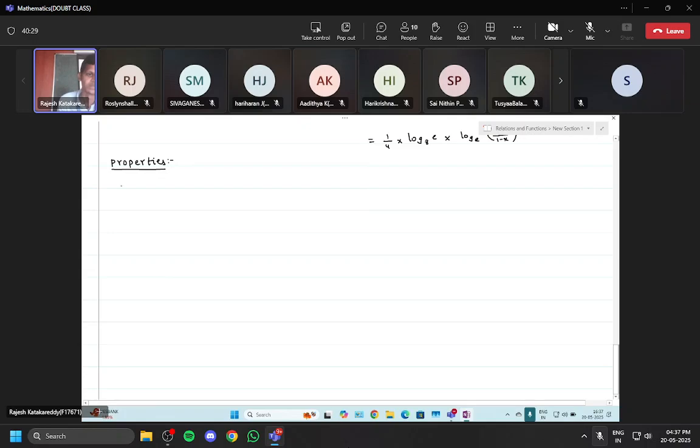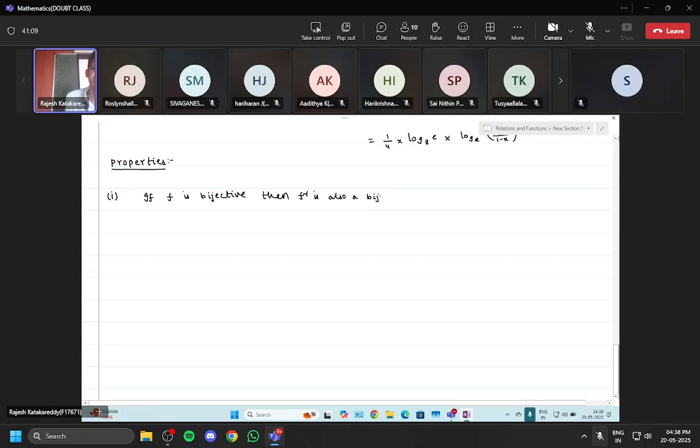Property number 1: if f is bijective, then f inverse is also bijective.